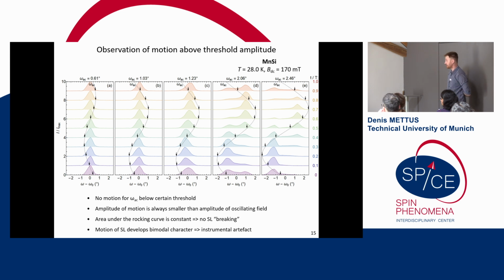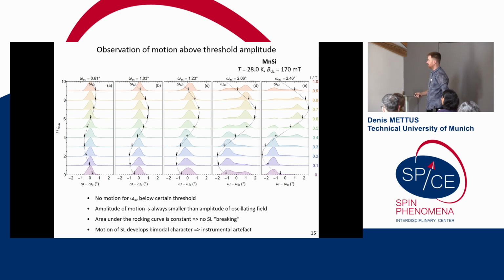So there is a certain threshold, and when you go through this threshold, the amplitude of your rocking peak motion is always smaller than the amplitude of the field tilting. So skyrmions are never able to completely follow the field in our experiments.